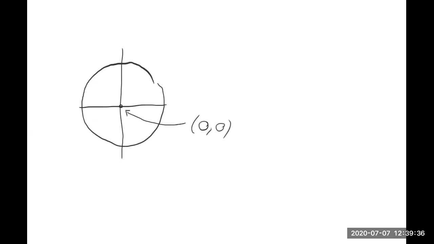This is a circle. For simplicity's sake, the center is (0, 0) and the radius is 1. The other circles are similar. I want to find the equation of this circle, right?